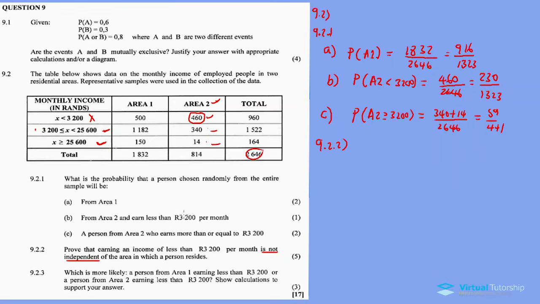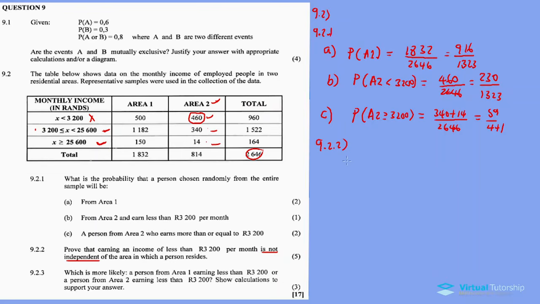That's another way to put the problem. Since it is not independent, I need to show that this 3,200 rand is not independent of the area in which a person resides.